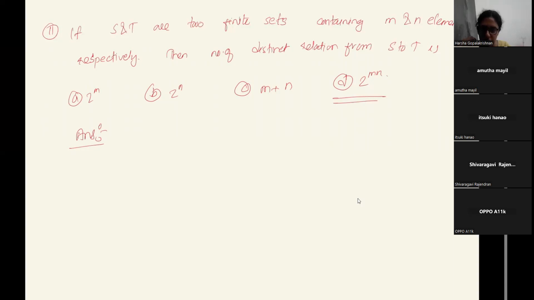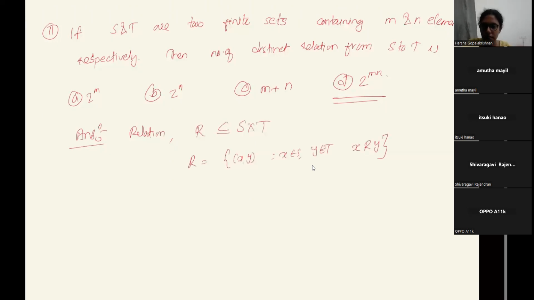So let's try to solve this problem. What is a relation? We are given S and T two sets and a relation from S to T. By definition, a relation R is a subset of S cross T. That means a relation will be some collection of elements (x, y) such that x is in S, y is in T, and x is related to y in some sense.